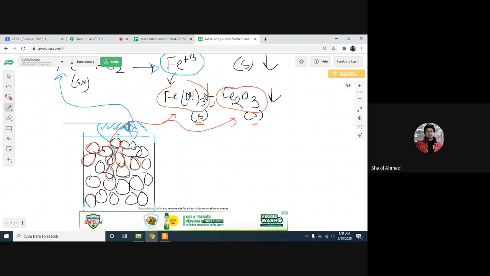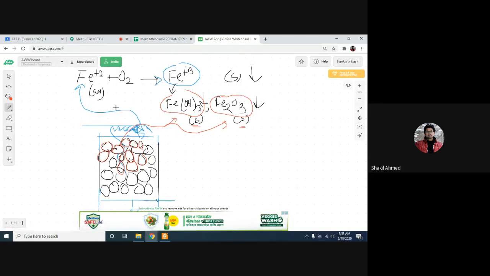Now there is an advantage of this. One thing is that this ferric hydroxide and ferric oxide act as a positive catalyst to increase the rate of this reaction. That means if they are present, then this reaction will be faster and easier.